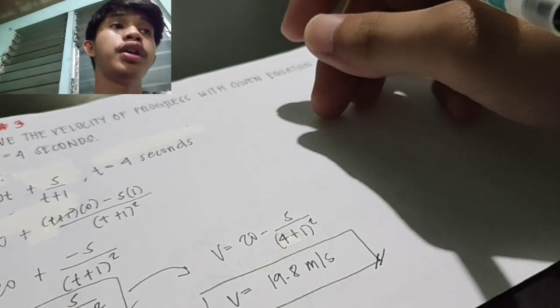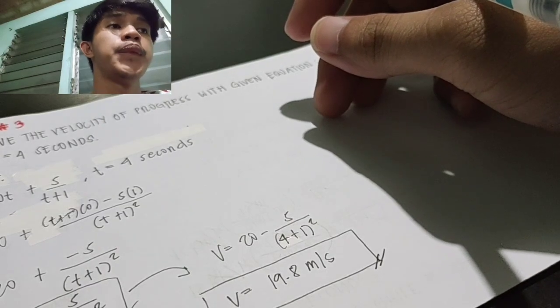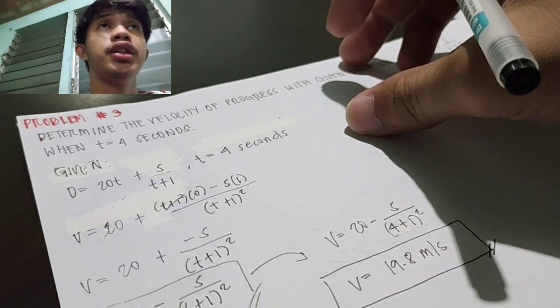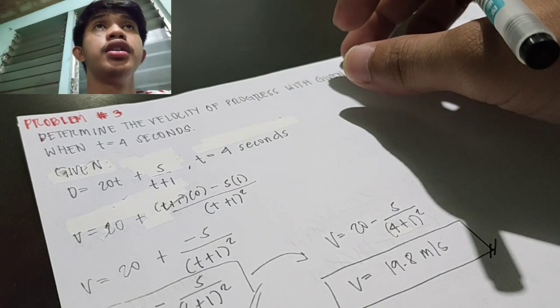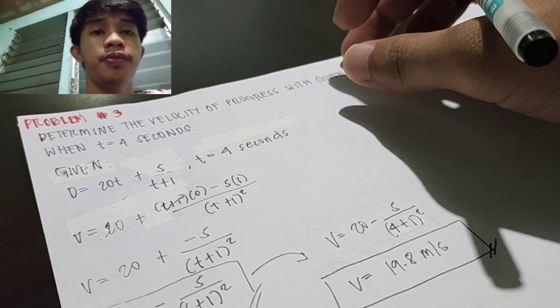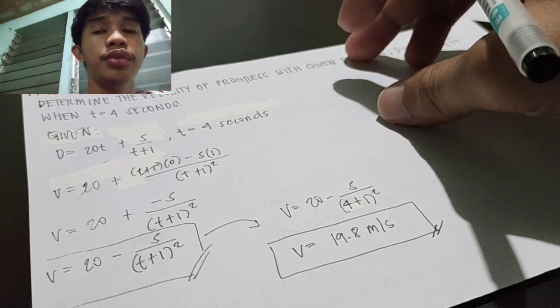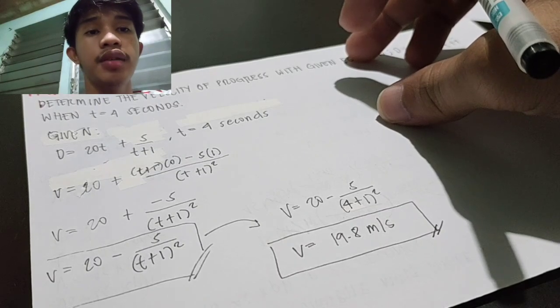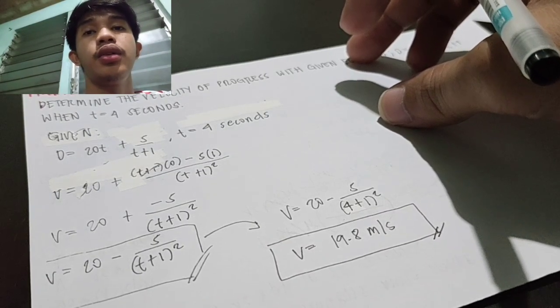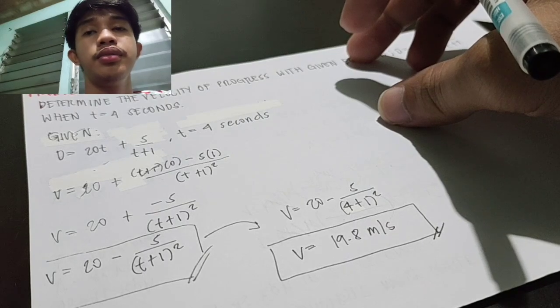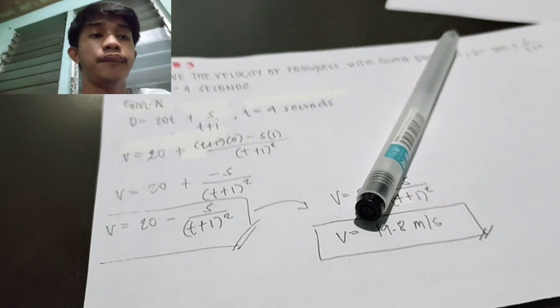So just remembering the concept of the variable acceleration and the derivatives from the displacement formula, we can perform it by substituting the given values of time. We can find the value of the velocity.